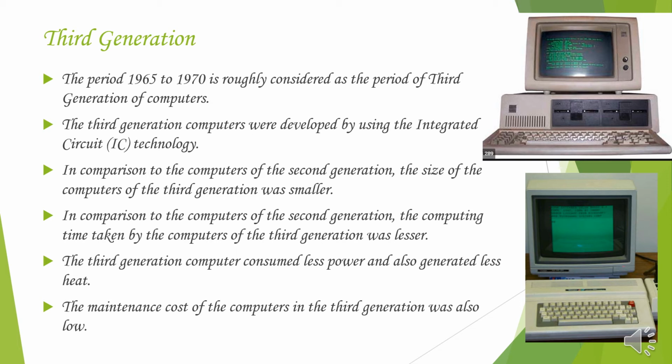In the second generation there was less heat compared to the first generation. Now in the third generation, there was hardly any heat at all. The maintenance cost of the third generation was also lower than the second generation, and the size was much smaller.